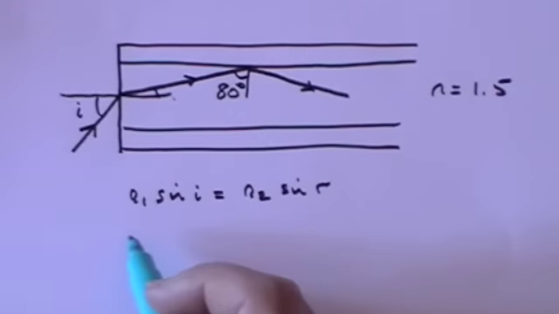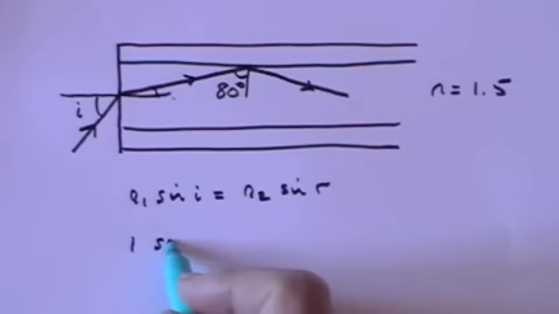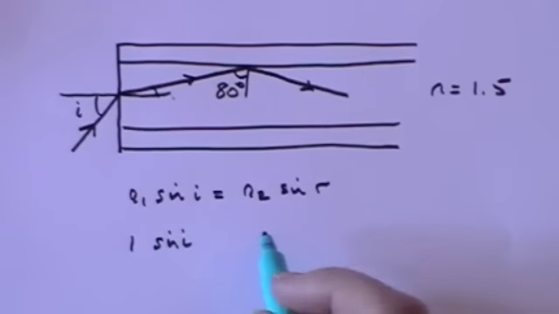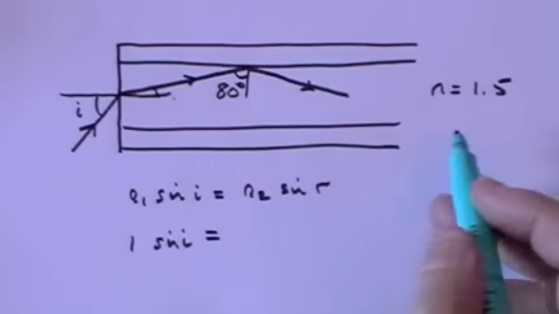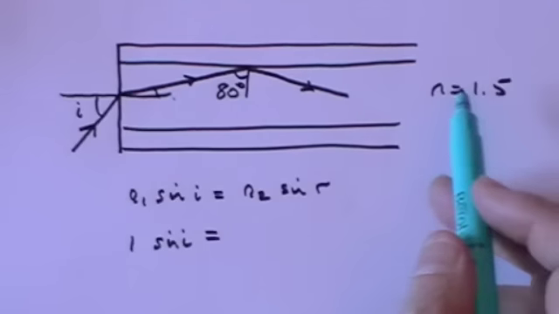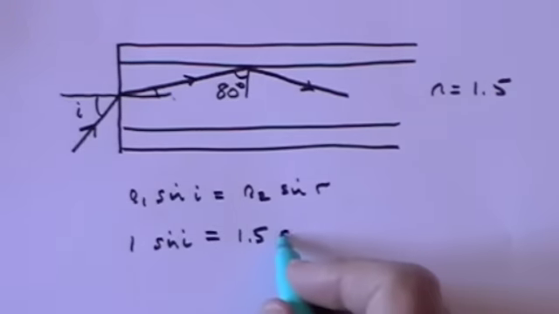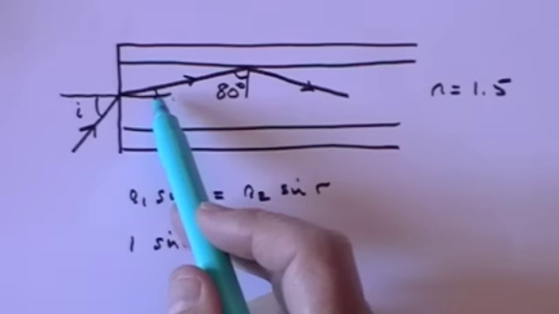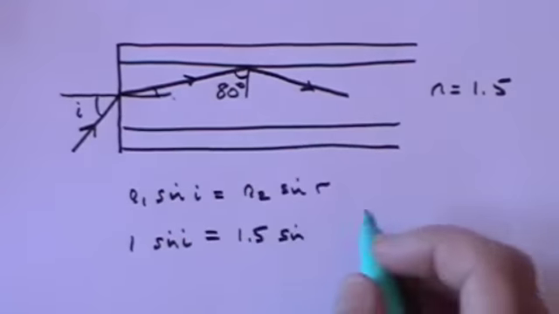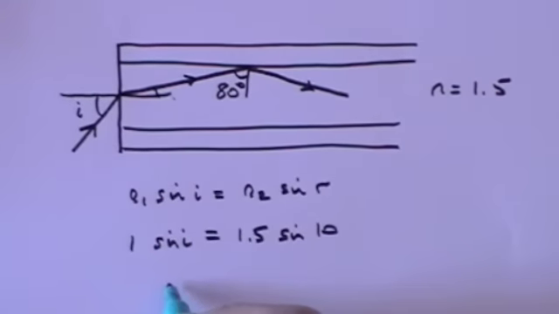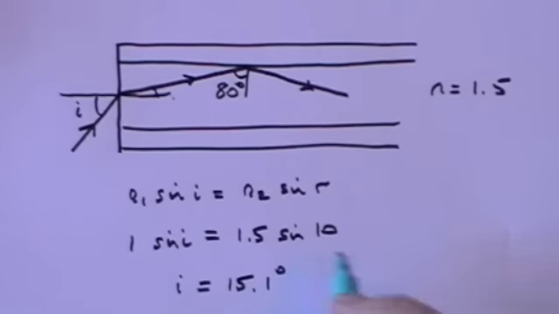So we've got n1, which will be 1, times the sine of I, which we're trying to find, is equal to n2. Well, the refractive index for glass we're given is 1.5, times sine R, and we said that the angle of refraction is 10 degrees. And if you work that out, you will find that I is equal to 15.1 degrees.